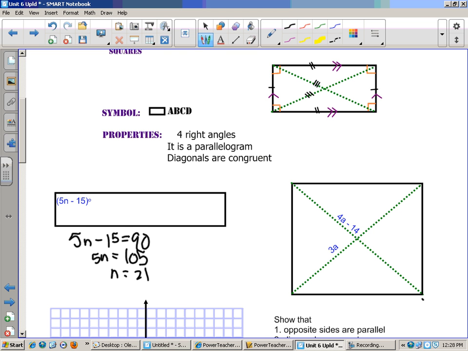Okay? So I set them equal to each other. And what's a equal? 14. Subtract 3a from both sides, add 14 to both sides, and I get a is 14. Okay? So again, memorize. The two additional characteristics of a rectangle are the four right angles and diagonals are congruent.